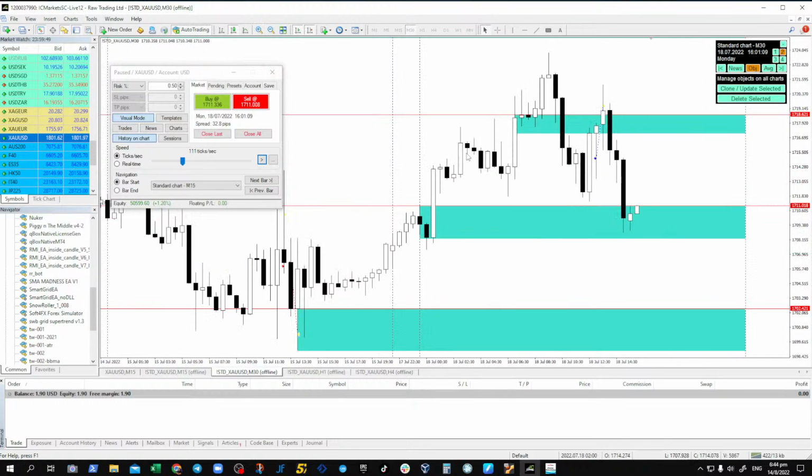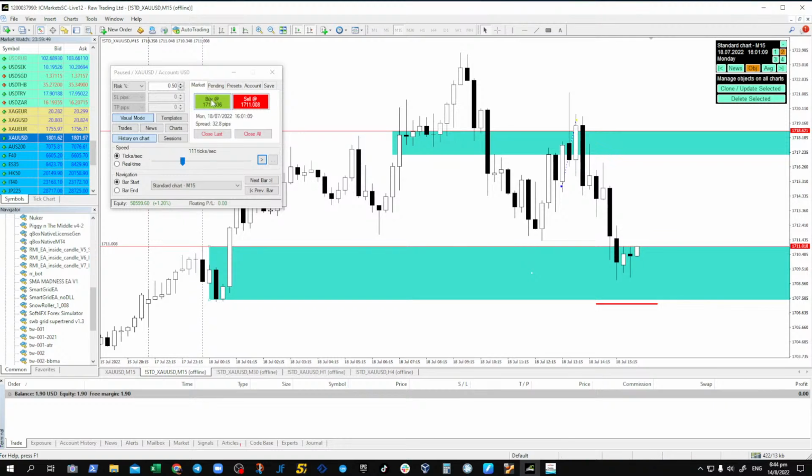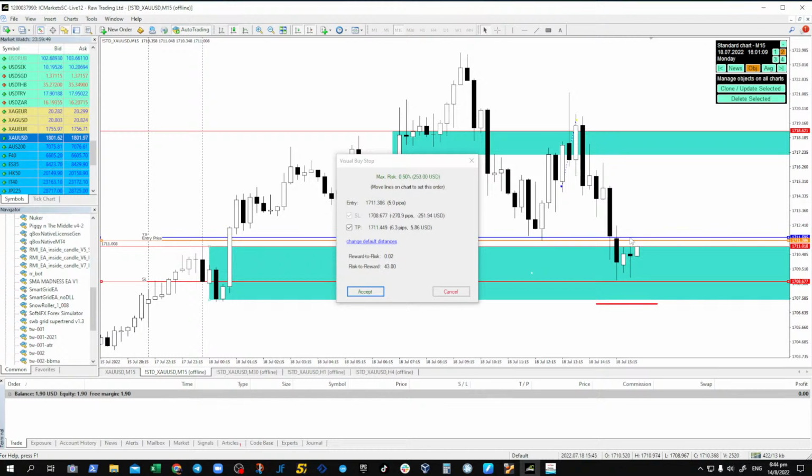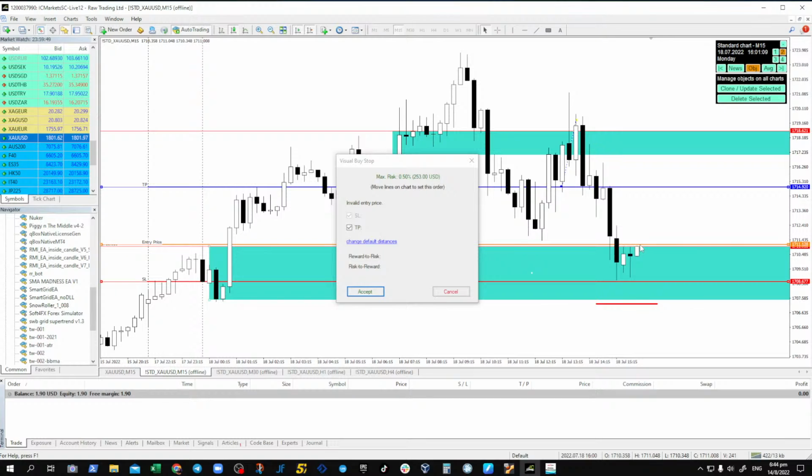I will take this buy on M15. Price is currently buy stop. So let's make it below this and TP here. So take it here. Try not to be too greedy.